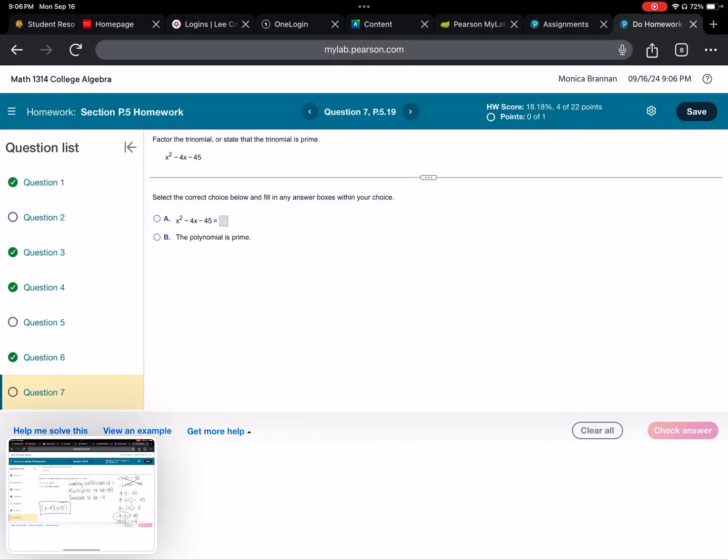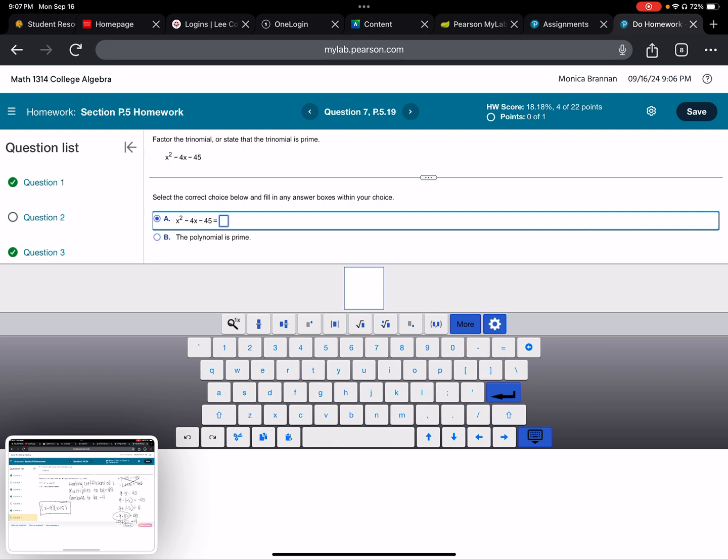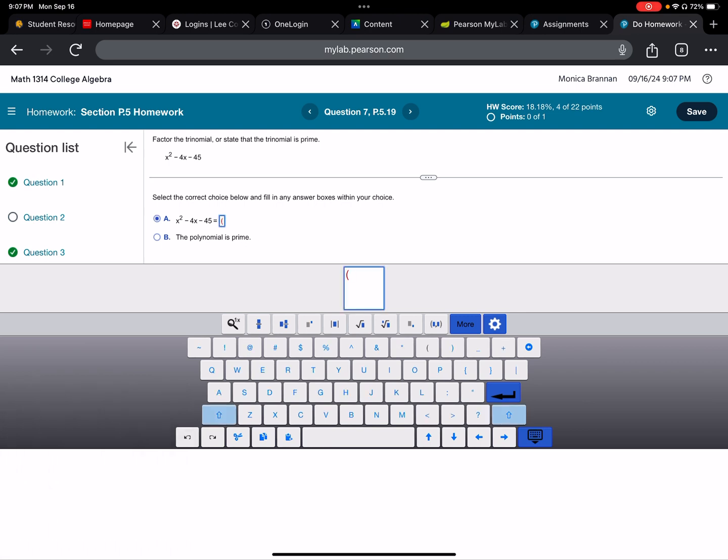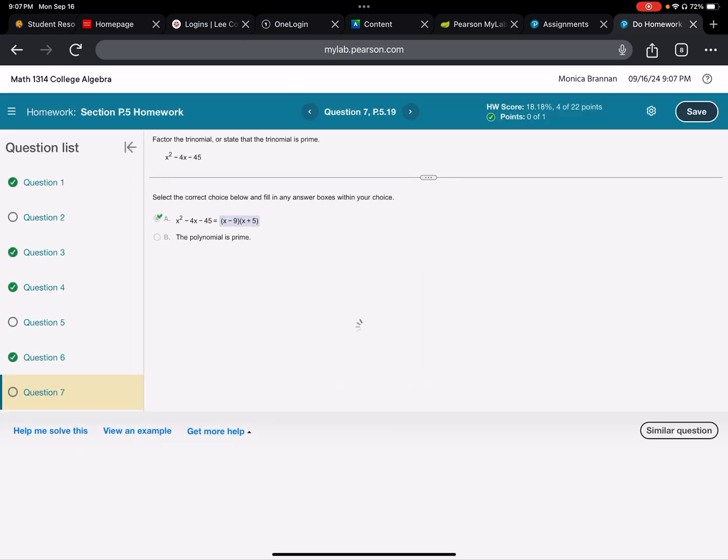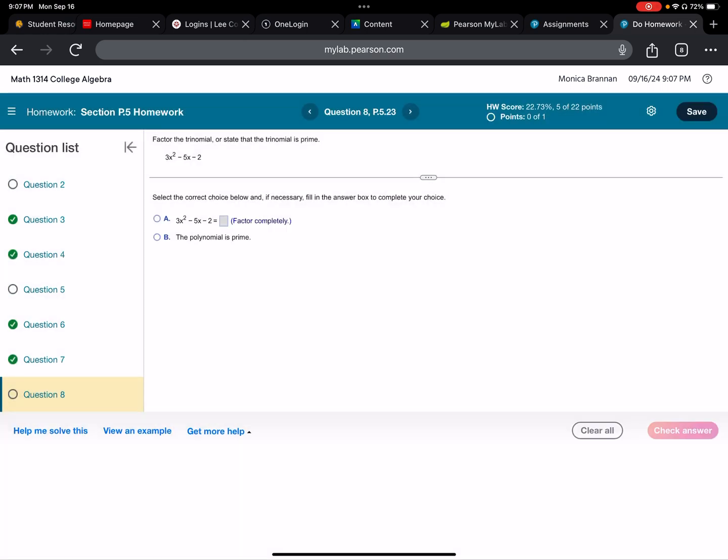All right, let's see if we said here, parentheses, x minus 9 times x plus 5. Okay, we're going to check that. All right, and that is question 7.